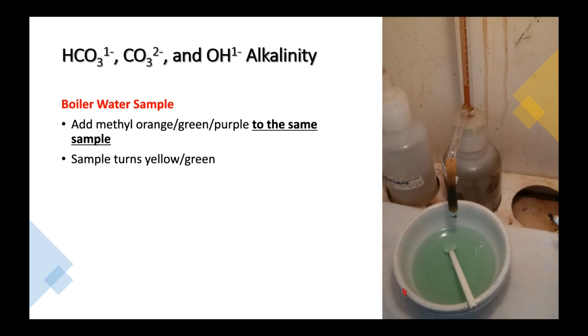If it turns green, it's the same sample, then this stuff here has more alkalinity. If it immediately turns purple, then you have no more alkalinity, so all of the alkalinity that you started off with was hydroxyl and carbonate.